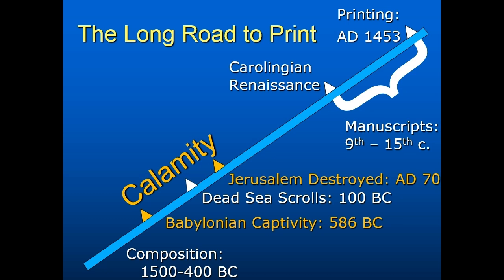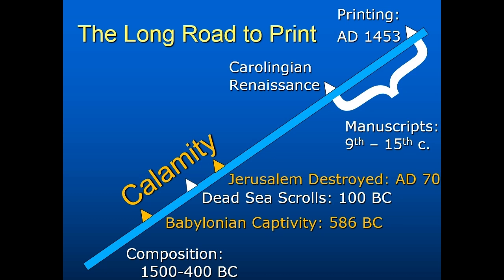Among these were examples of every Old Testament book except Esther. Most were only in fragmentary form, with significant portions missing, but the finds were still a treasure beyond our expectations.